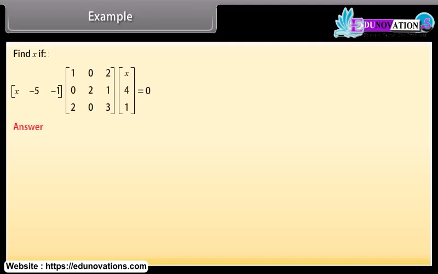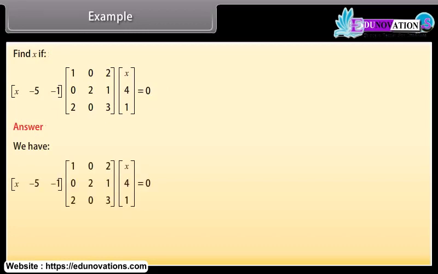Given that, we have matrix row-wise first row x, minus 5, minus 1, multiplied by matrix row-wise first row 1, 0, 2, second row 0, 2, 1, third row 2, 0, 3, multiplied by matrix row-wise first row x, second row 4, third row 1, is equal to 0.